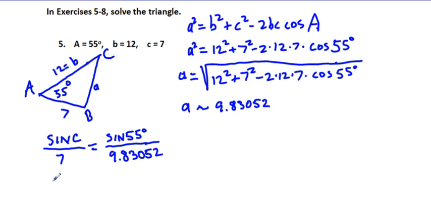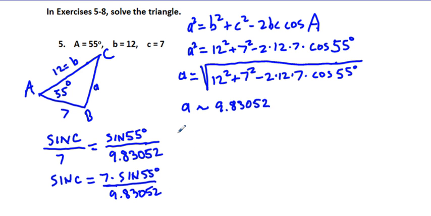And then we have sine C is equal to 7, cross multiplying the 7, times sine 55 degrees over 9.83052.